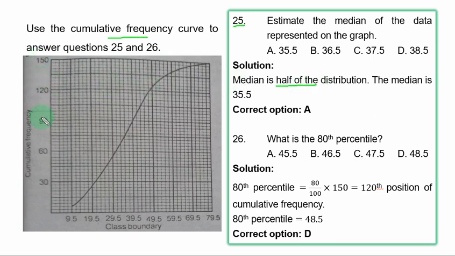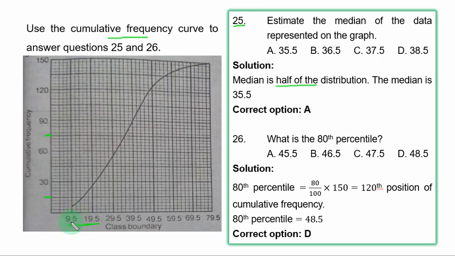From the graph, the half is 75 if you divide 150 by 2. So by the scale used here, if this place is 15, it means 1 cm is 15 units, and that implies that one line is equal to 3. Then when you come here, the difference is 10. So 9.5, 19.5. It means one line here is 2.